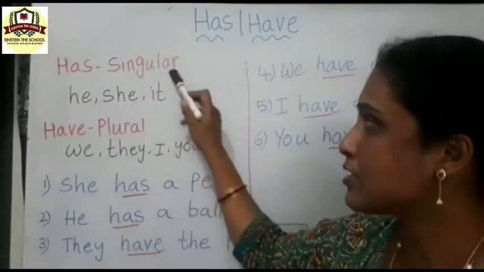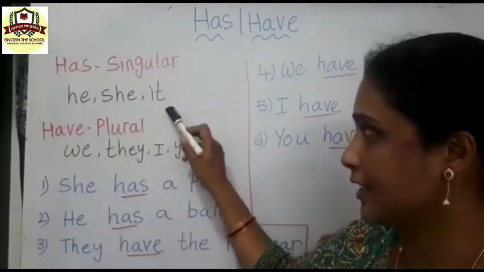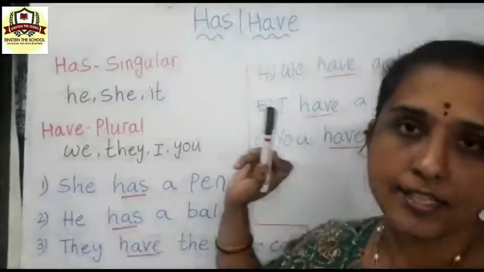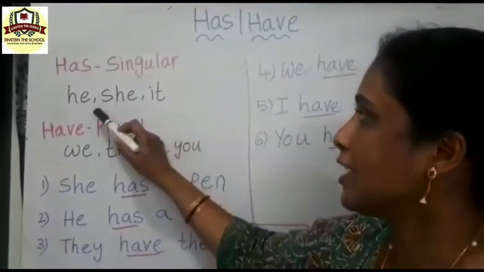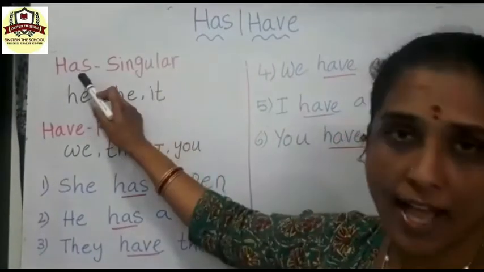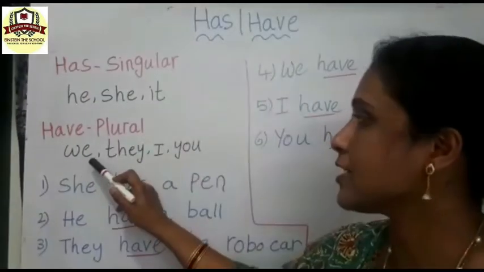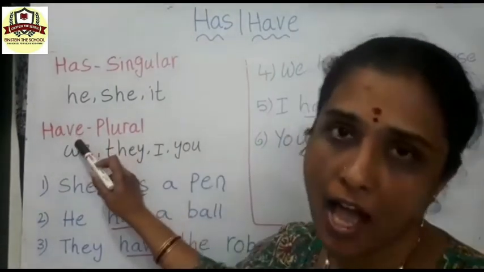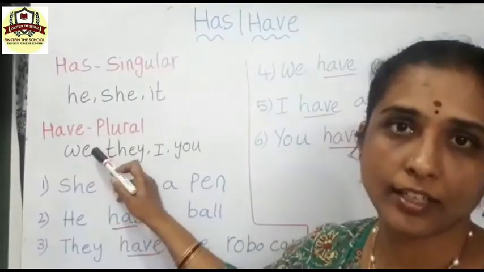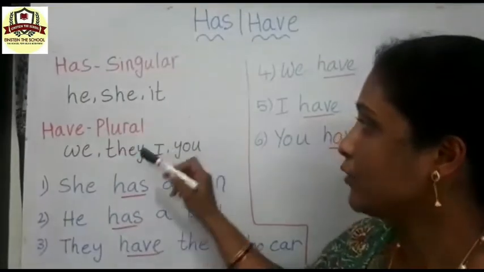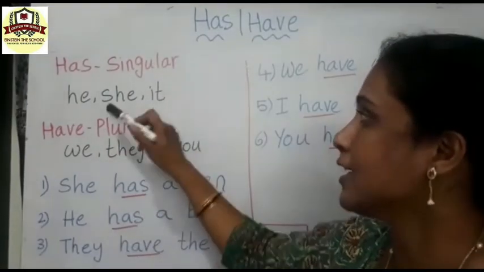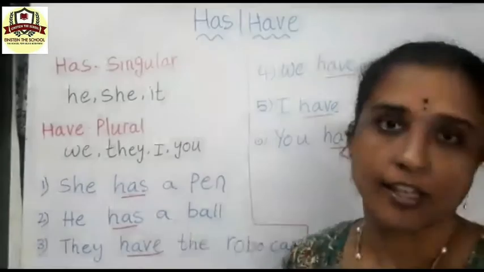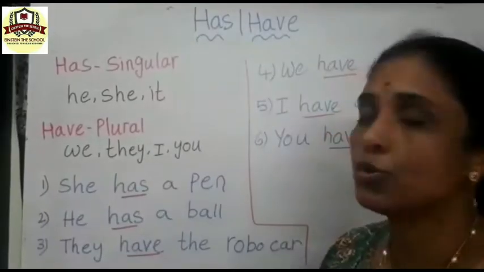Has is for singular. He, she, it. In a sentence, if you see he, she, it, then we should use has. If we see we, they, I, you, then we should use have. Understood children? And why we are using only he, she, it for has and we, they, I, you for have?